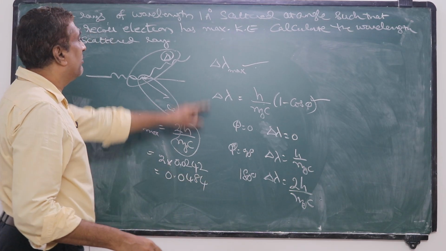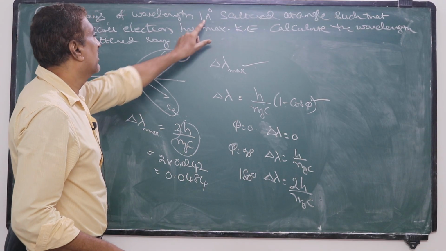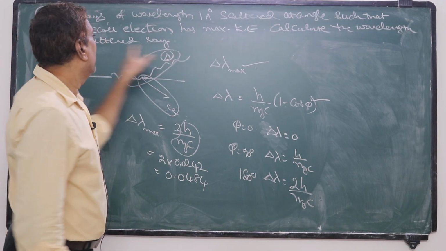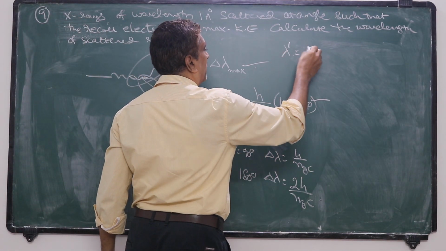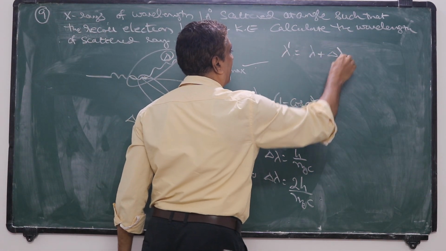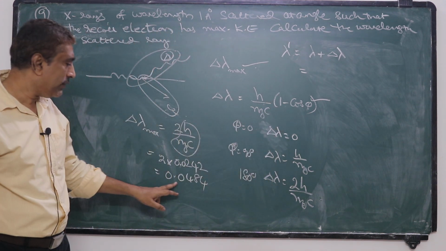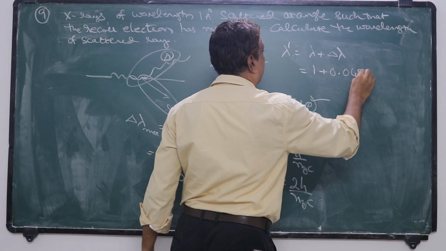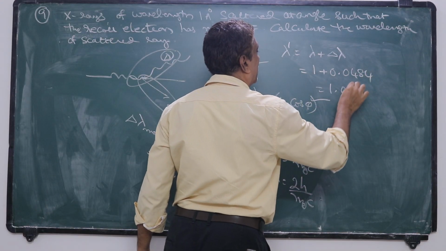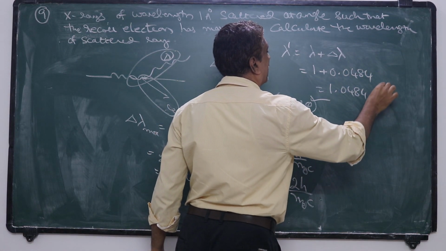Now the incident photon wavelength is 1 Armstrong. Now calculate the wavelength of the scattered ray. So lambda dash is equal to lambda plus delta lambda, that is 1 plus 0.0484, that is 1.0484 Armstrong.